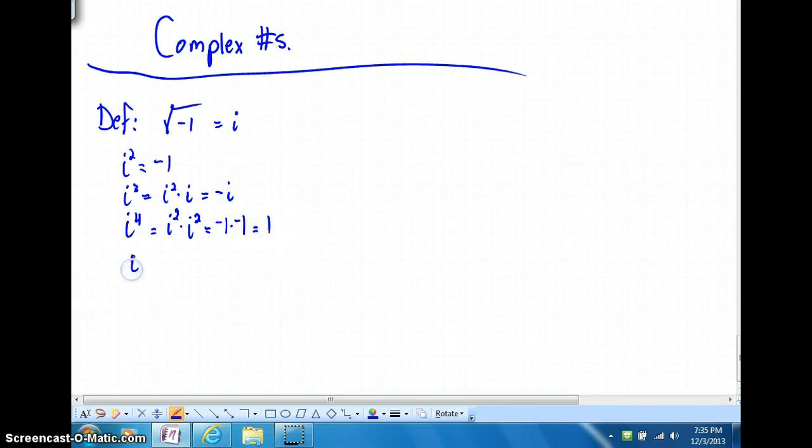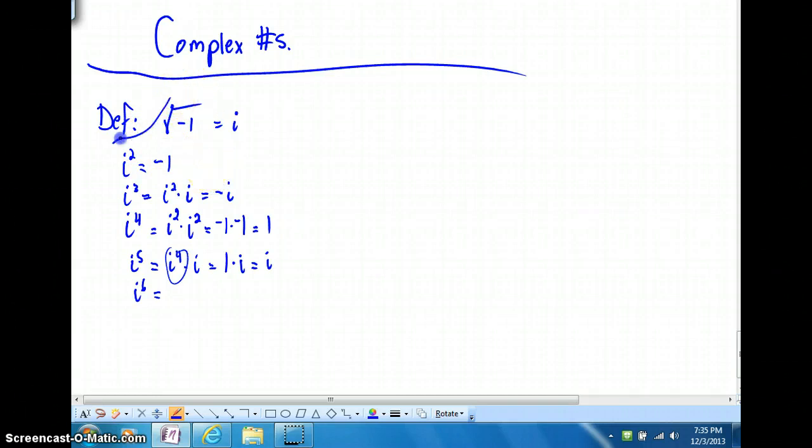From here, we're going to see that we are in a cycle. i to the fifth is really i to the fourth times i, but we just said that i to the fourth is 1, and 1 times i is i. So we're going to just repeat these values that we saw previously.